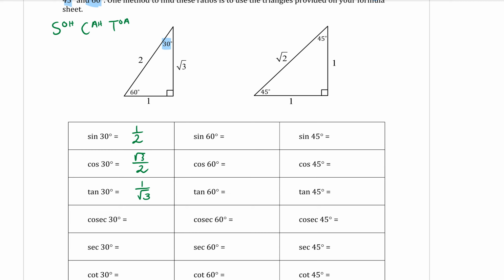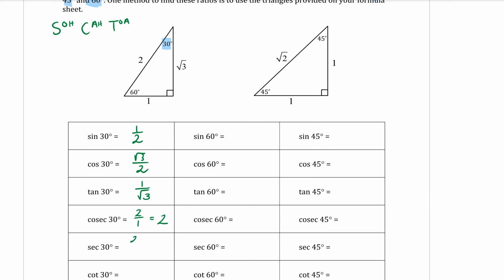Cosec, the third letter is S for sine. So that is going to be the reciprocal of sine. If sine was 1 over 2, then cosec is going to be 2 over 1. I'll write that down first, or just 2. Sec is 1 over cos, the third letter C. So if cos was root 3 over 2, it's going to be 2 over root 3.